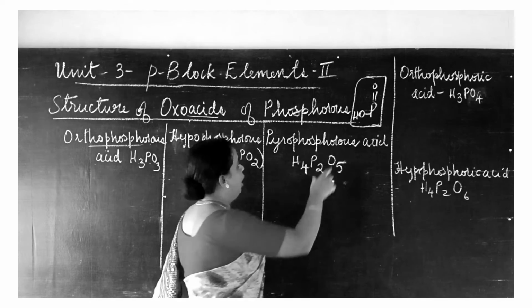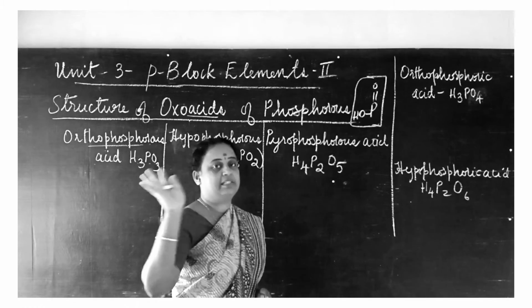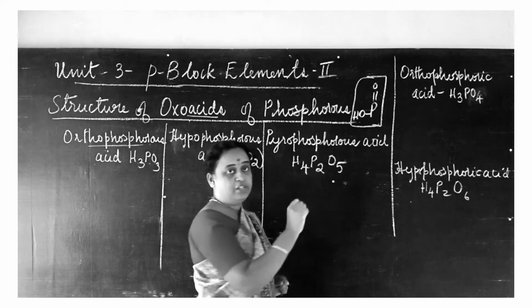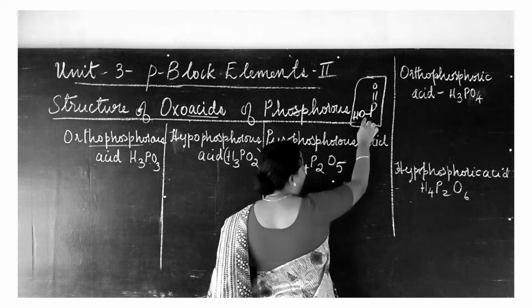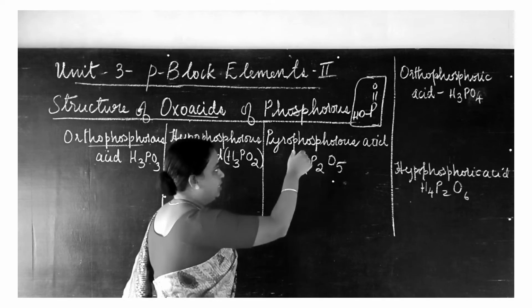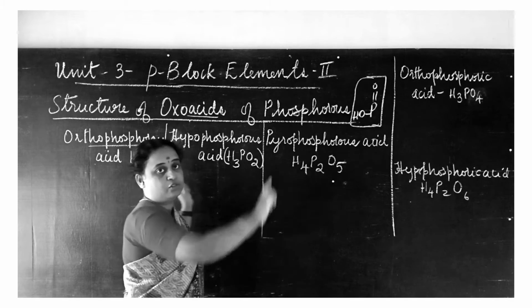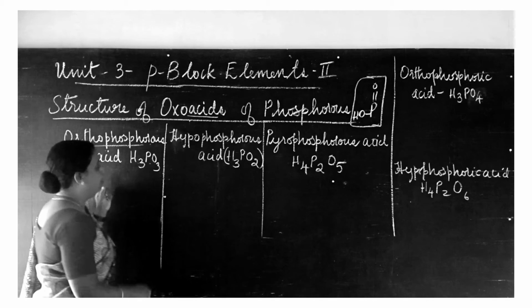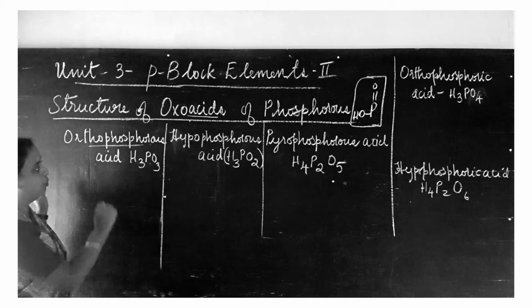Without this, no oxoacid of phosphorus formula exists. So in each oxoacid formula, this should be there. That is phosphorus double bond O, bond OH. This is the basic structure for all these oxoacids of phosphorus.